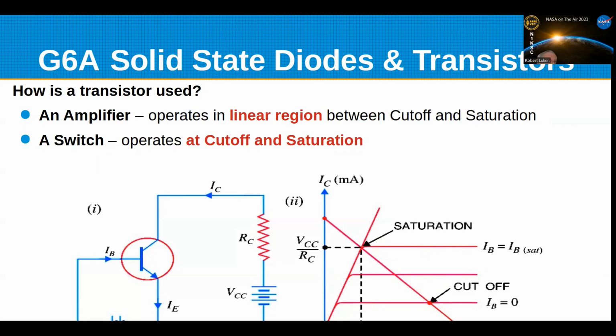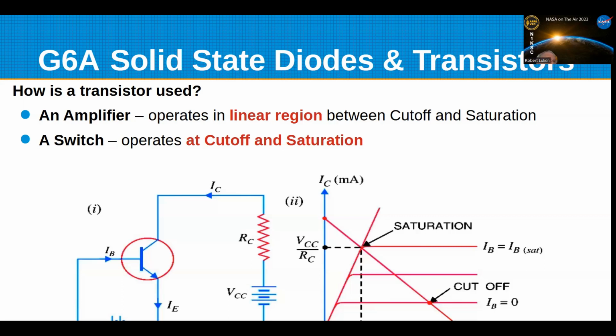It's going to conduct maximum current. It's only limited by this resistor. The opposite end is we don't have enough base current to turn it on. So it looks like an open circuit. So we have no current flow. So as an amplifier, we want to operate somewhere in the middle of that, hopefully where it's linear operation.